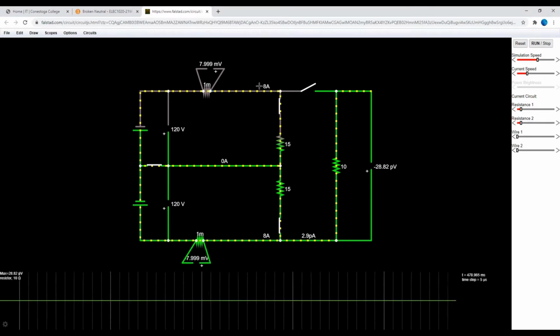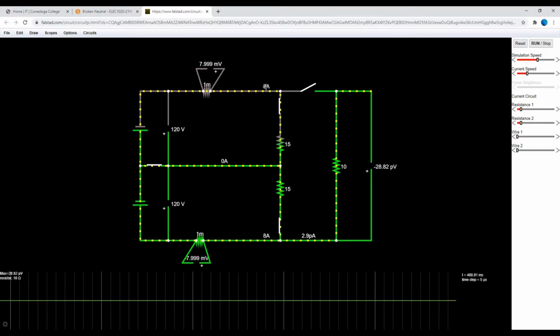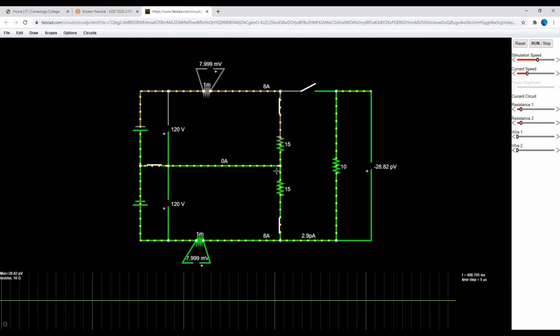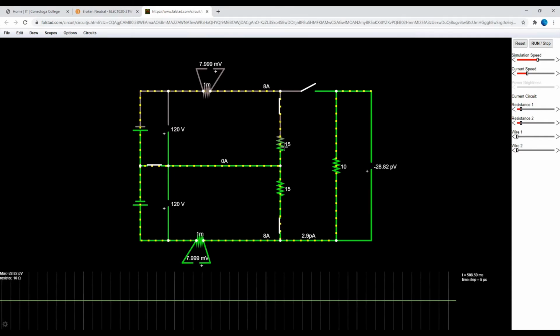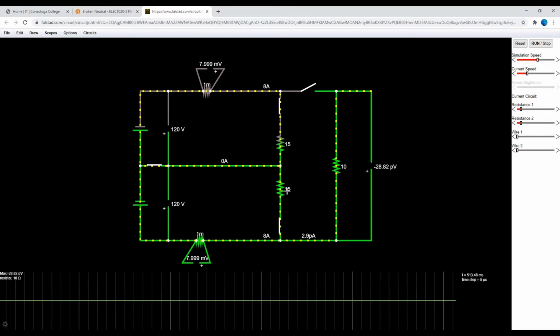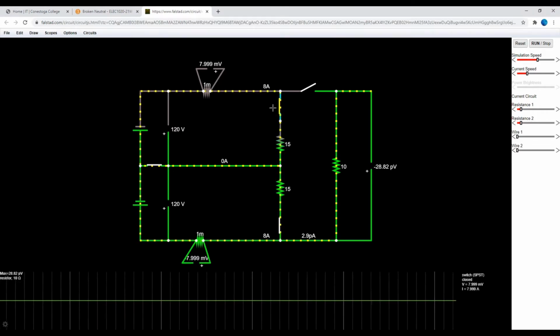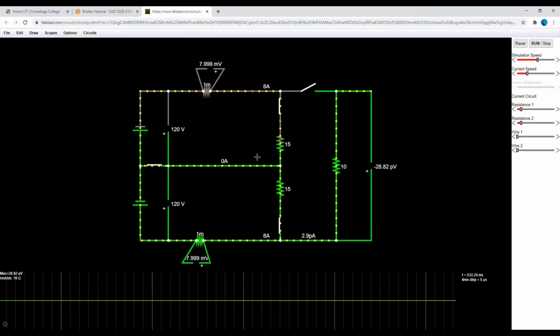But having 1 milliohm, you can see here that pretty much we don't have any resistance in the wire. So if we do 15 plus 15, which is our 30 ohms, and we do our 240 divided by 30, it's going to give you the 8 amps, right? Because we had a balanced load.